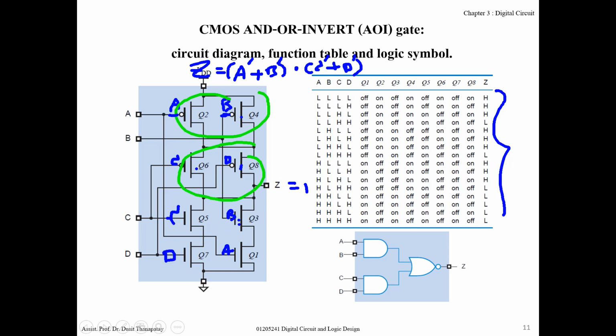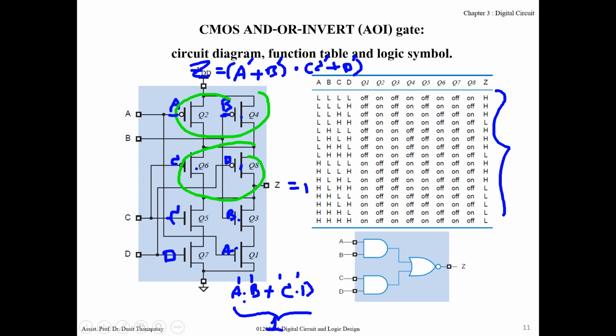A, B in series, and C, D in series together, and this set and this set connect in parallel. That means you AND these two terms, and then OR them together. Based on this expression, when A, B, C, D is 1, 1, 1, 1, your result will be 1.